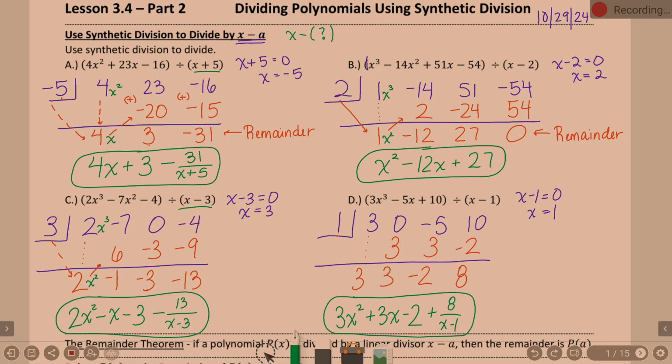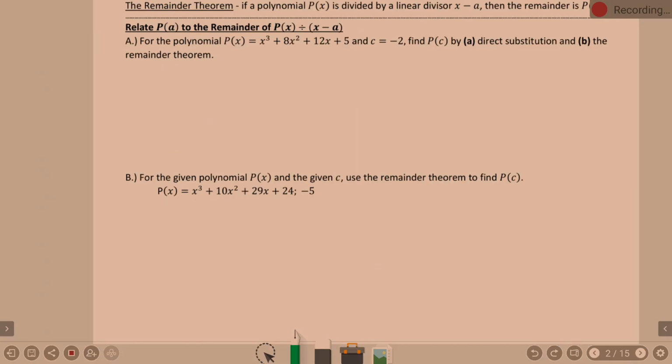Yes. Okay. 2 topics. We're going to talk about the remainder theorem and the factor theorem. The remainder theorem says if a polynomial, p of x, is divided by a linear divisor, x minus a, then the remainder is p of a.